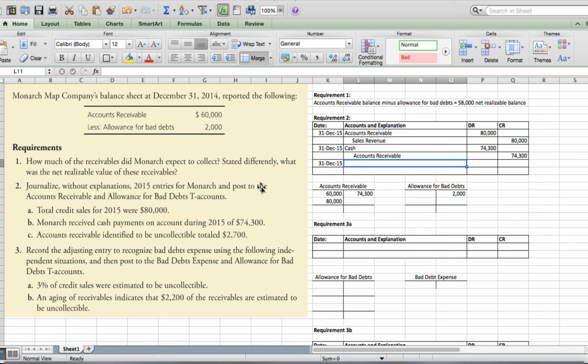So I want to reduce my allowance for bad debts. Okay, so instead of a credit, I'm going to debit allowance for bad debts in the amount of $2,700.